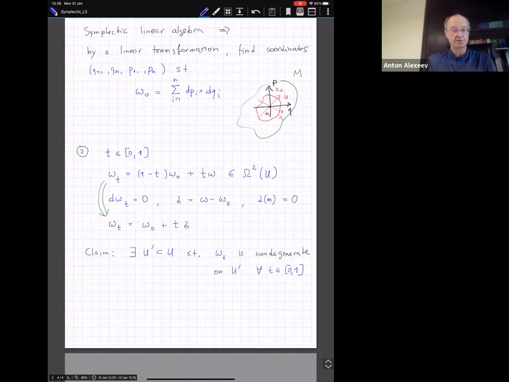But omega naught, that's a non-degenerate matrix or non-degenerate operator. So you add to it something which is sufficiently small in norm, it cannot become degenerate. Of course, this argument that I have now spelled out, one would need to make it more precise if you really want to make it into an analytic statement.